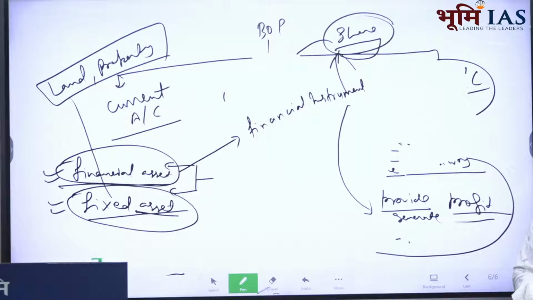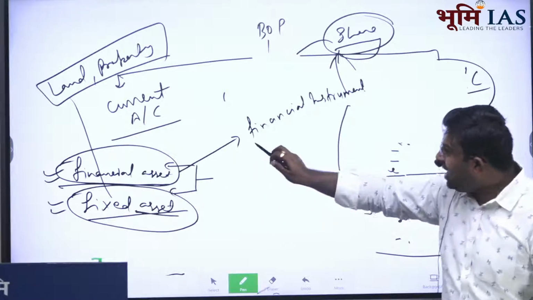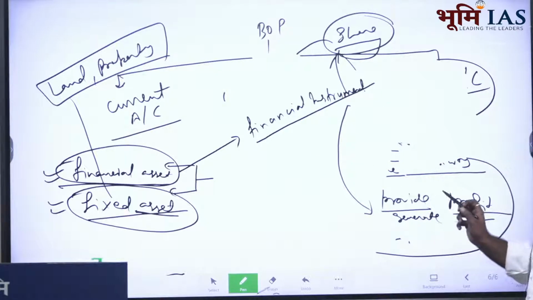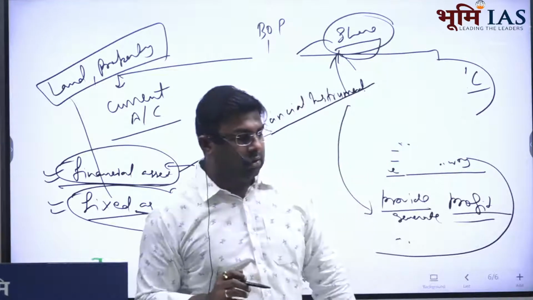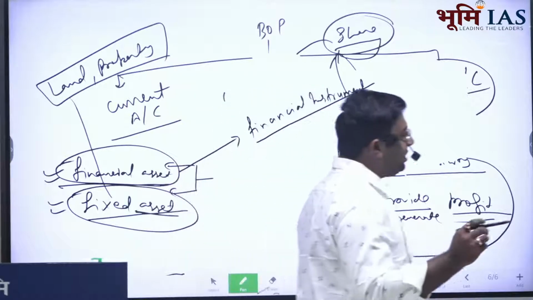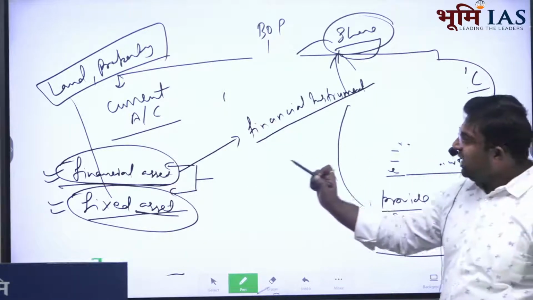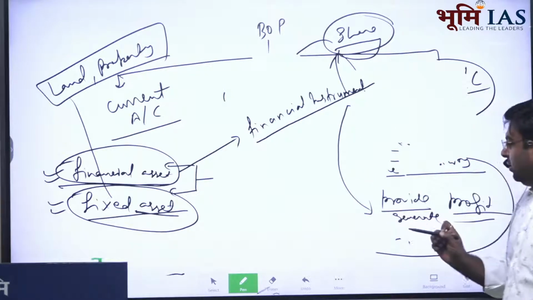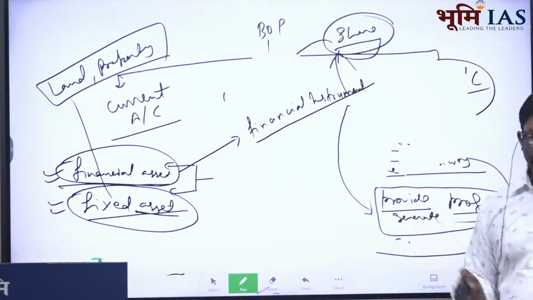I am again mentioning, please write down if you want. Financial asset means any type of financial instrument which has potential to generate profit. These are specific keywords which can be asked in your prelims. Financial asset refers to any financial instrument which has potential to provide or generate profit.